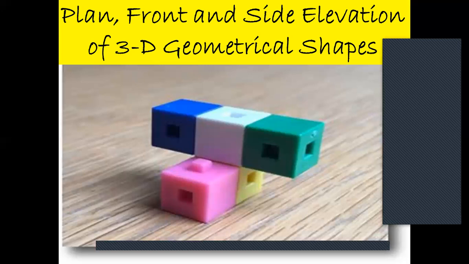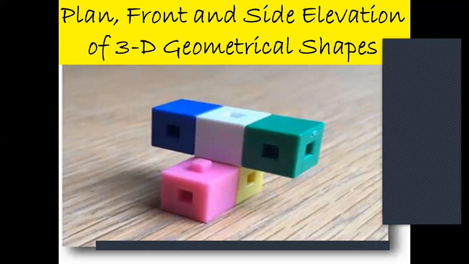Now, if we talk about the front, that is just easy to remember. Front is just when you are looking at the front of a building or an object. Side elevation is the same, you are looking at the side of a building.